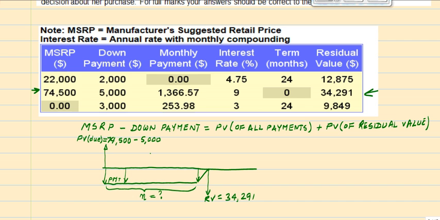The payment is given as 1,366.57. And again, we see that it's monthly compounding and payments are also monthly. So P over Y is equal to C over Y. Therefore, we're going to use I because that's a simple annuity due.